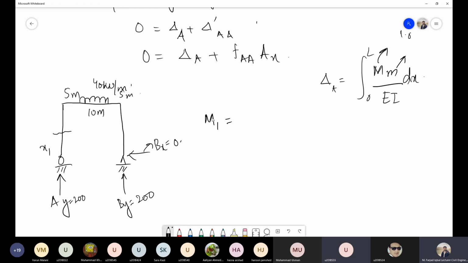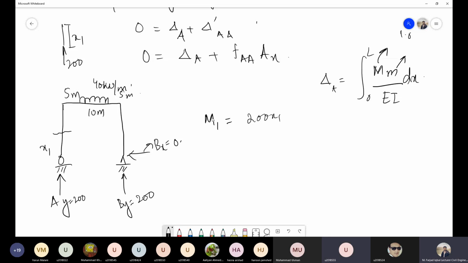For example, if I give you this beam, there is this load of 200. This distance is x1. What will be the equation of movement? 200 into x1. Are you sure?